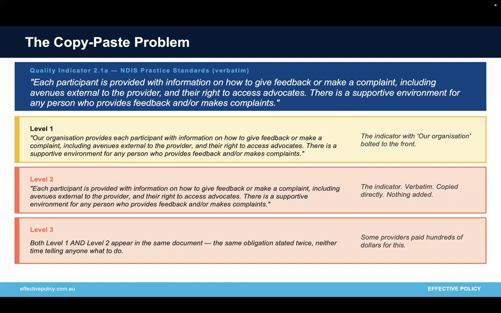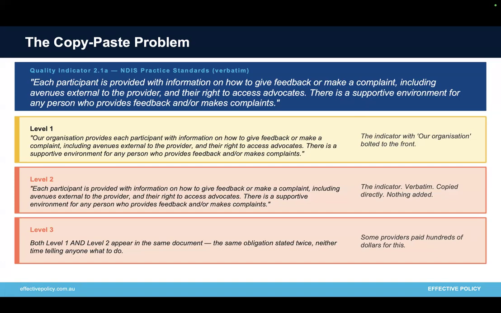And that's just the biggest red line, the biggest cross, the biggest everything. I mean, the feedback should have started 6 years ago. Go back and write your policies properly, or tell the people that you bought them from to write them properly. Some providers have paid hundreds and hundreds of dollars for policies like this.